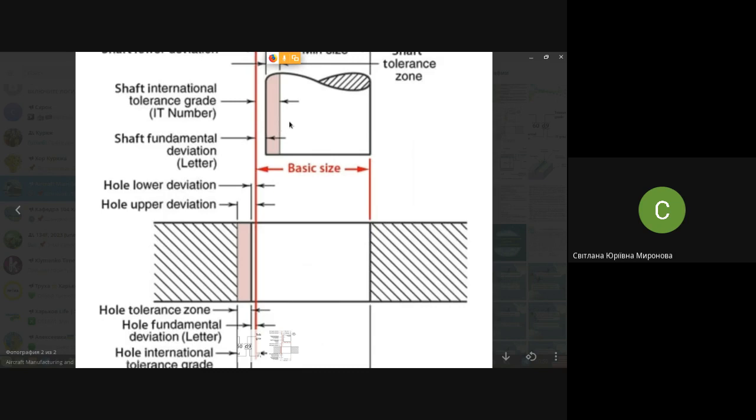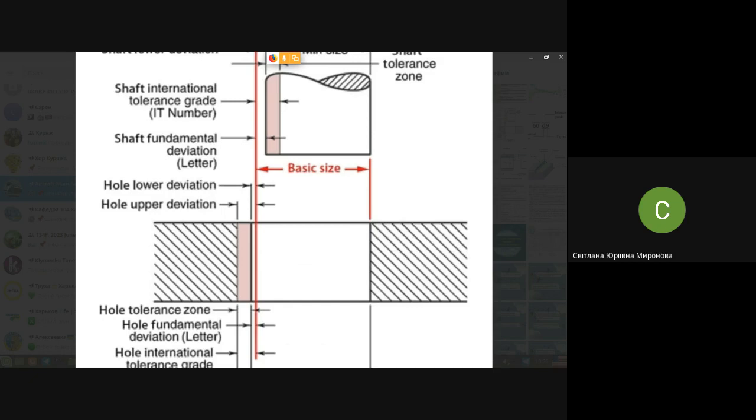And what does it mean, assembling with full interchangeability? It means that you do accurate parts, and the final accuracy of assembling depends on the accuracy of parts.